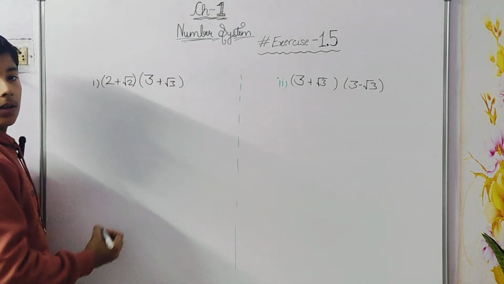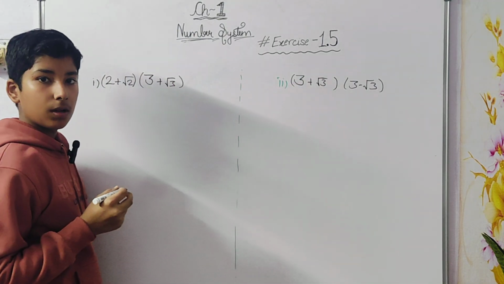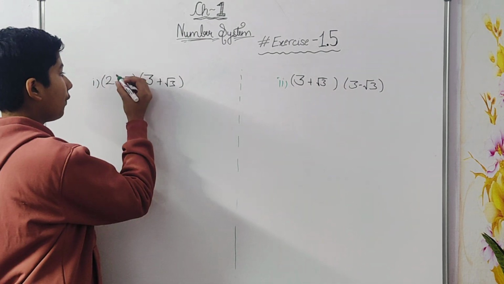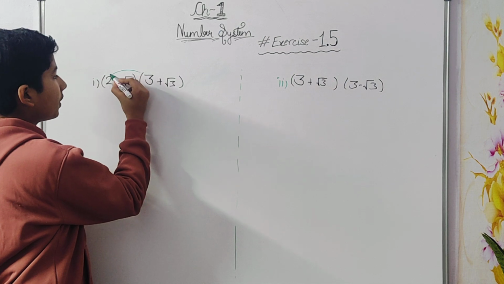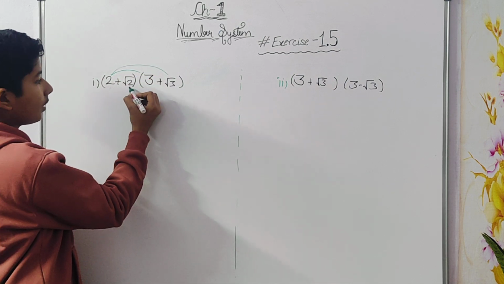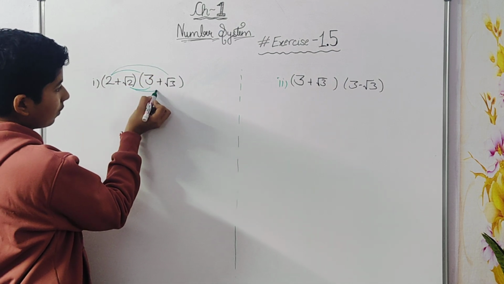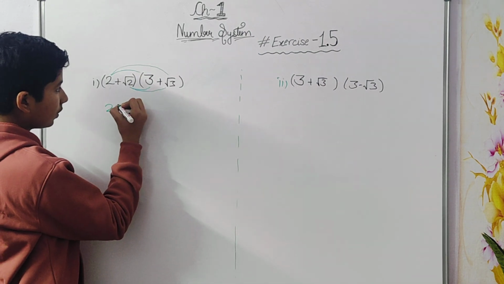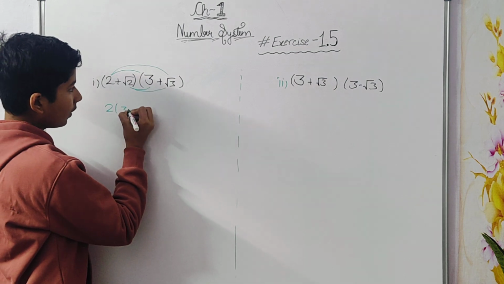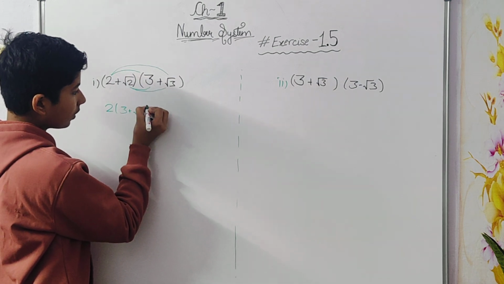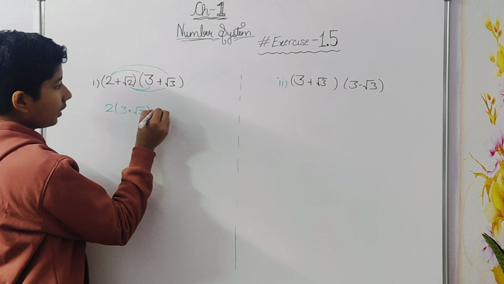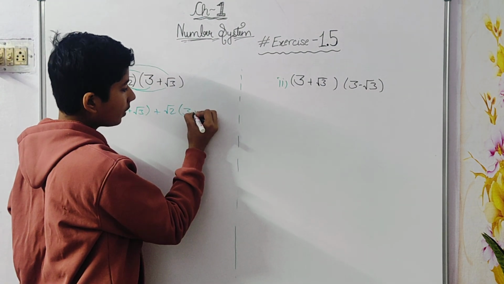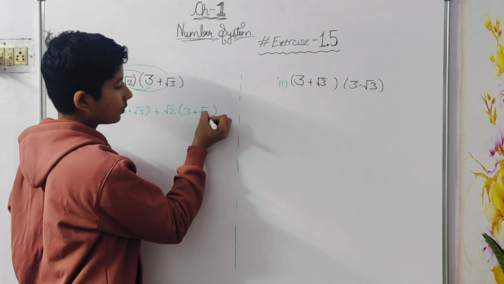Yes, so this one. We all know that there are two brackets, and they are getting multiplied. So firstly we'll multiply these two and then we'll multiply these two, which means we can write them as 2 into 3 plus root 3 plus root 2 into 3 plus root 3.